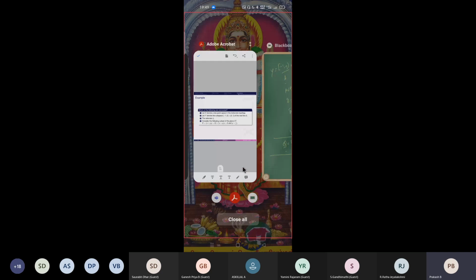The last one, that is set of all x cross y, where y is equal to 0, union set of all x cross y, x greater than 0 and y is equal to 1 by x, right? Actually, already we have discussed about this one.